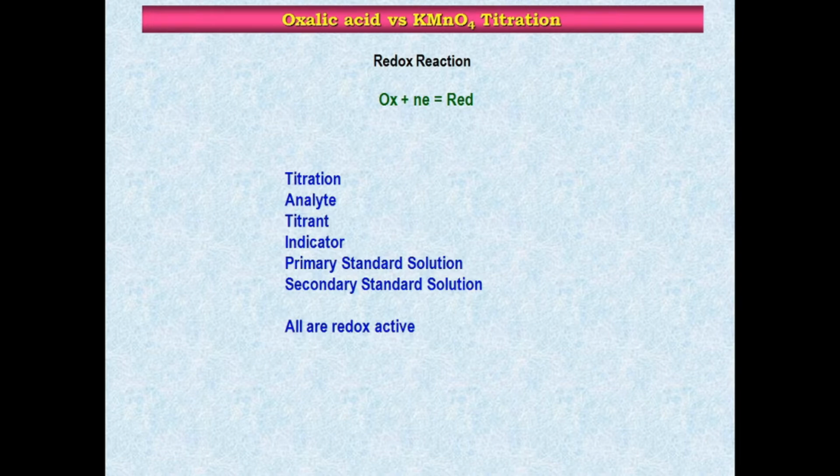For any titration, we have to be familiar with different solutions and equipment.